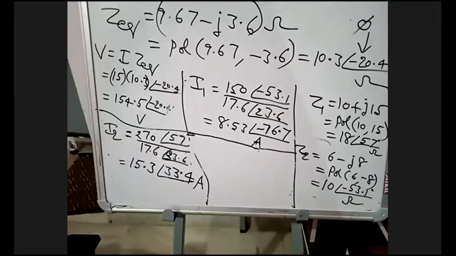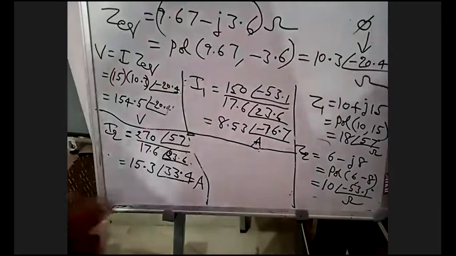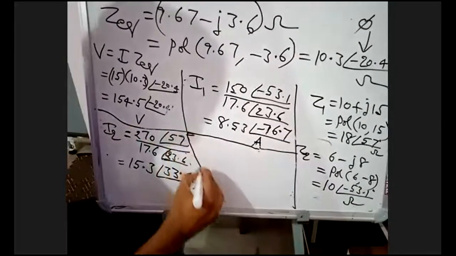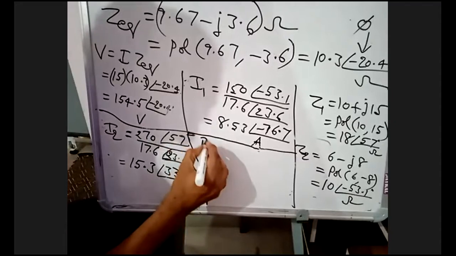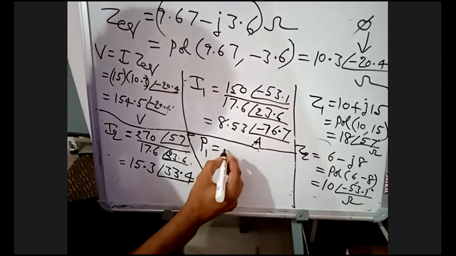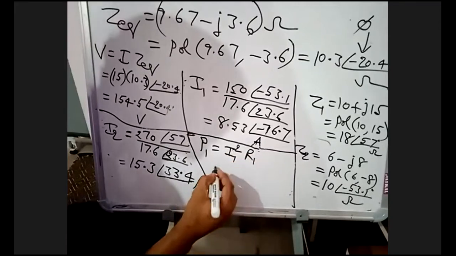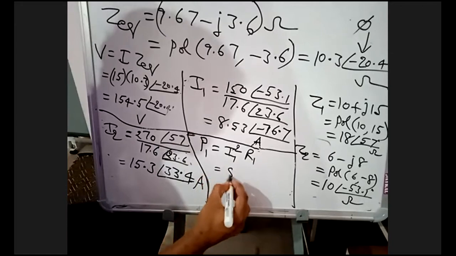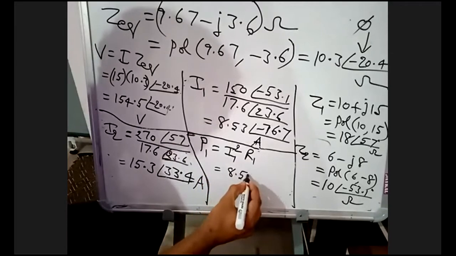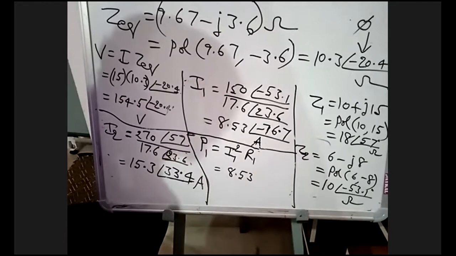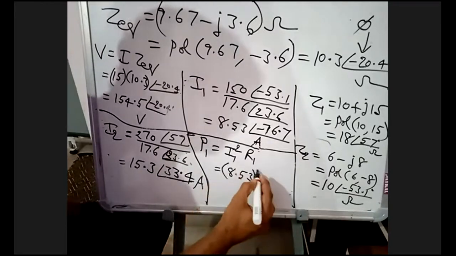Now in the problem he is asking for power. He is not asking all these other things. He is asking for the power taken by each branch. Power in the first branch, P1. What is the formula? I1 squared into R1. What is your I1? 8.53 squared into R1.